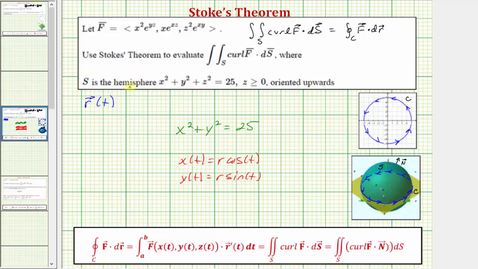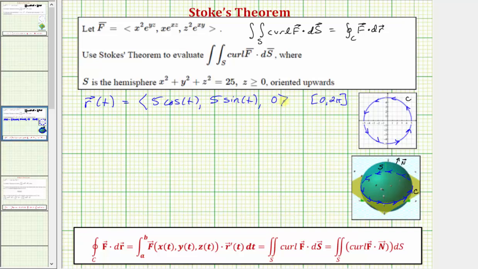So in this case, for r of t, we can let the x component be equal to 5 cosine t, the y component be 5 sine t, and because the curve C is in the xy plane, the z component is 0. And notice how this circle is traced out counterclockwise when t is on the closed interval from 0 to 2 pi. This will be important later for limits of integration.